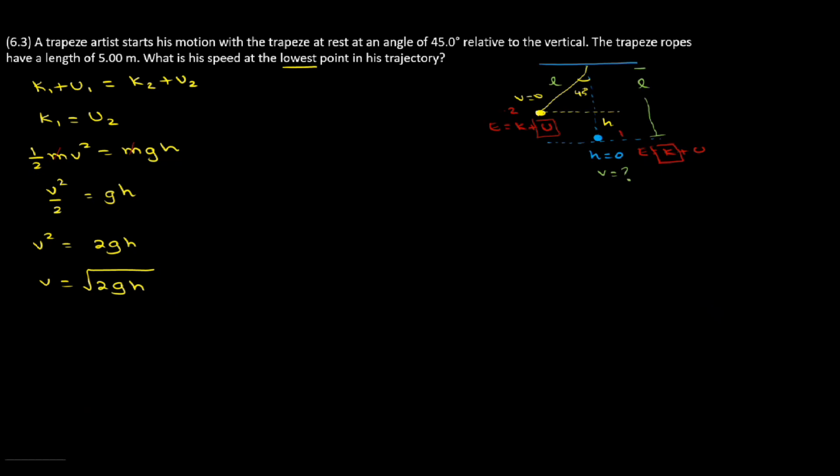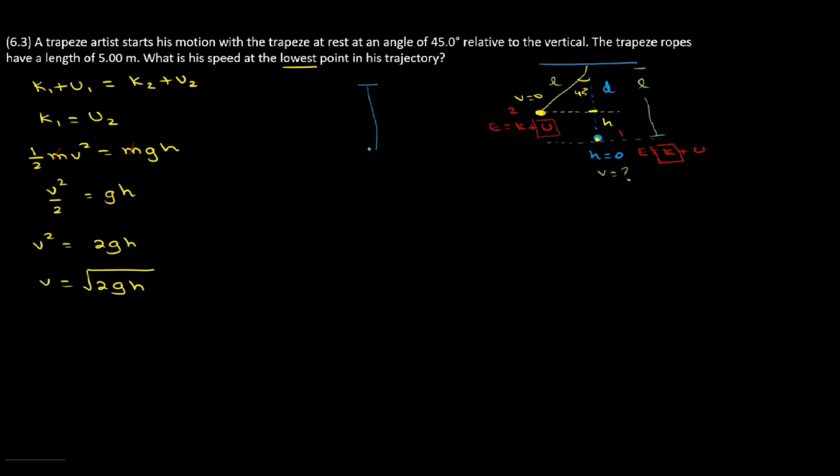Now, h is the height at which the trapeze is raised when it is at 45 degrees with the vertical. How do I calculate this h? Now, the total length of the rope is L. The distance from the reference point to this point is h. Let the rest of the distance be d. So this is how my rope looks.